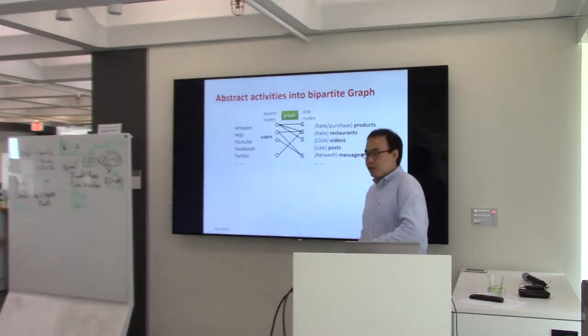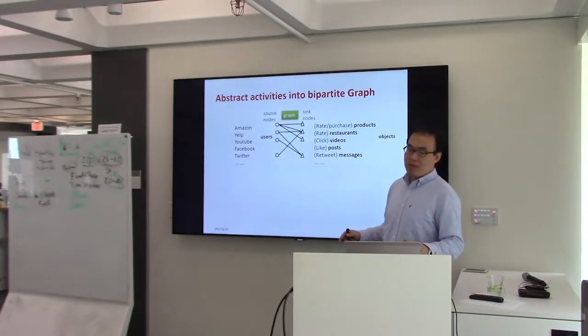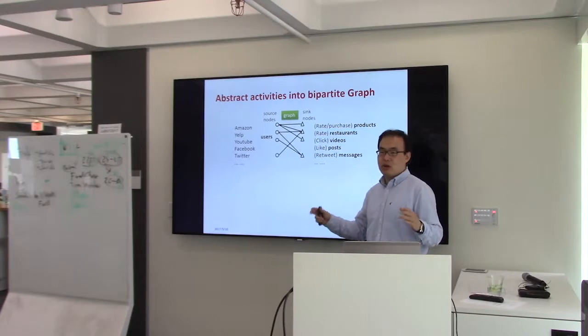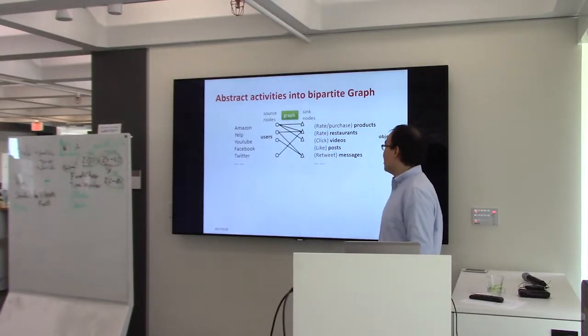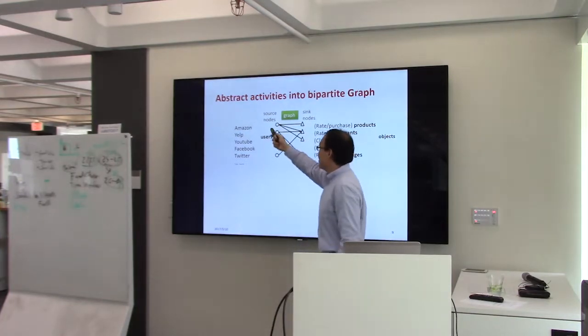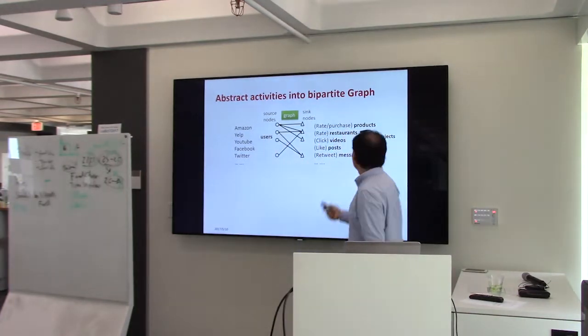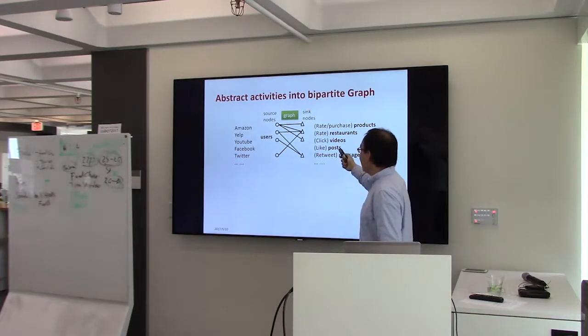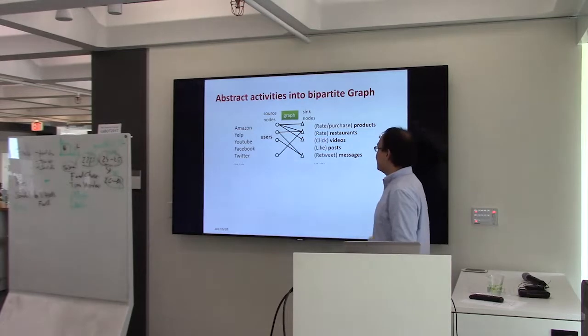Before going to the problem, I will show you how we represent the data as a graph. First of all, we choose two sets of nodes: users from Amazon, Yahoo, YouTube, Twitter, and also the objects. The objects can be products, restaurants, videos, posts, and messages.